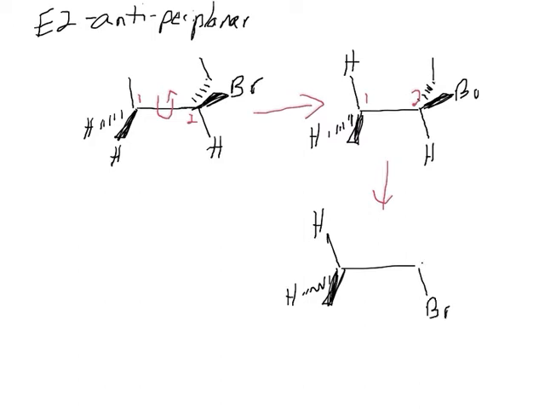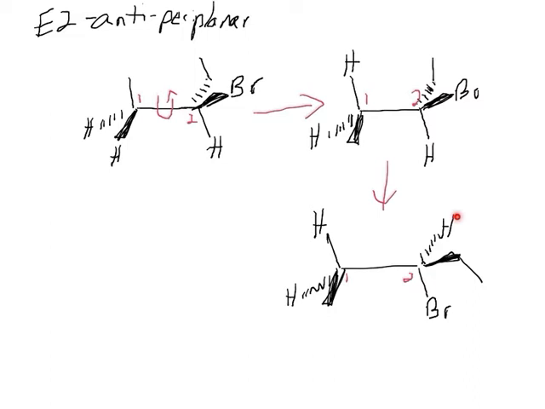The H would now be going back, and this ethyl group would now be coming forward. Carbon 1, carbon 2. So now the H and the Br are 180 degrees apart. I like them in this conformation because now I can tell this methyl and this ethyl are on the same side of the forming alkene, and this H and this H are on the same side. This makes it easier for me to see the forming alkene.